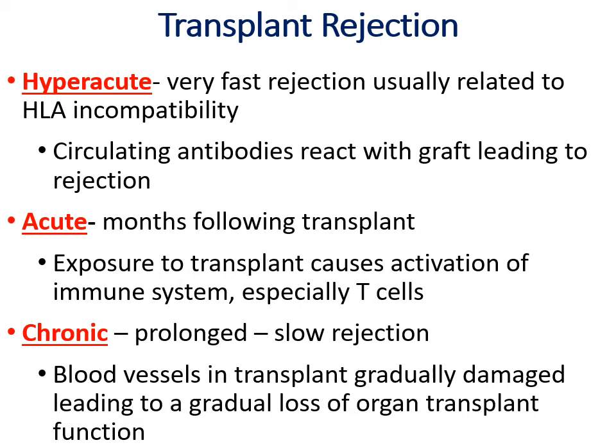Okay, so if the blood vessels are damaged to, say, a kidney, then the supply of blood is going to be diminished, and finally the kidneys will die. Okay, so hyperacute, usually antibodies. Acute, it's the adaptive immune T cells, and chronic, usually from damaged blood vessels over the span of years.